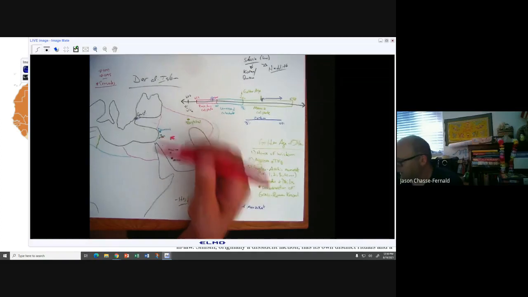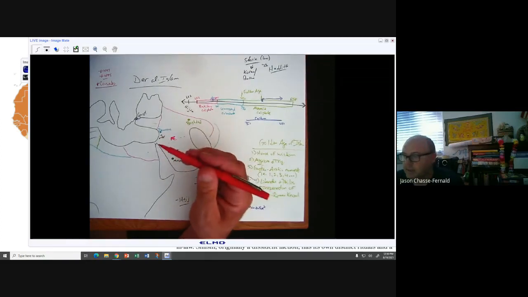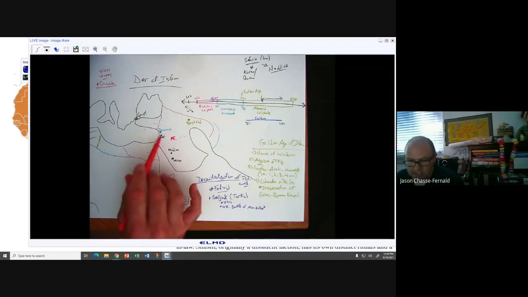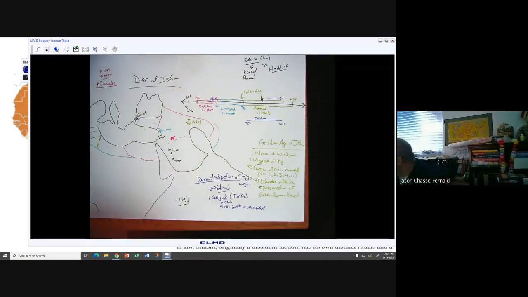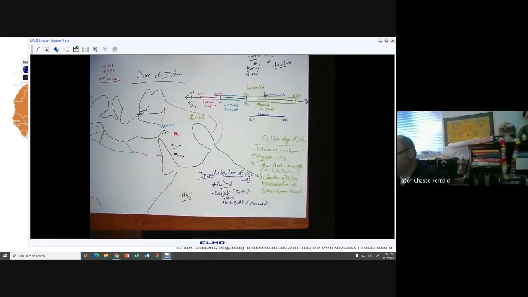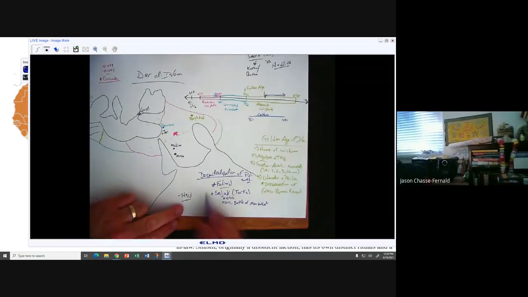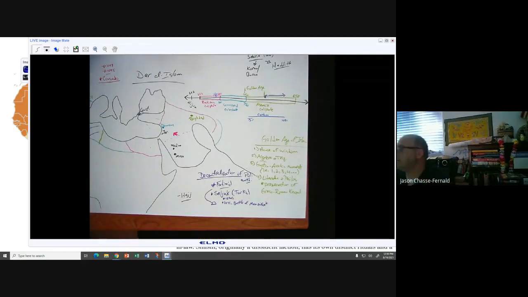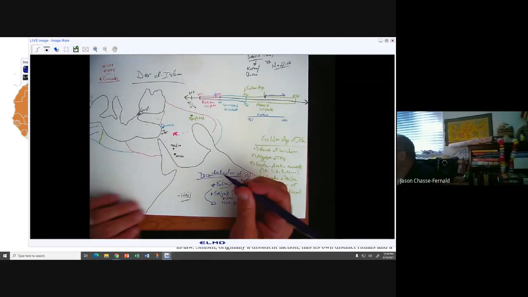You're going to get about a century-long period where you have a number of Christian kingdoms in the Eastern Mediterranean.